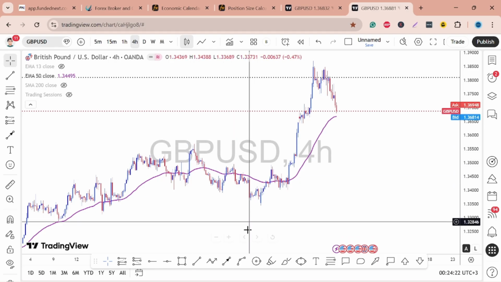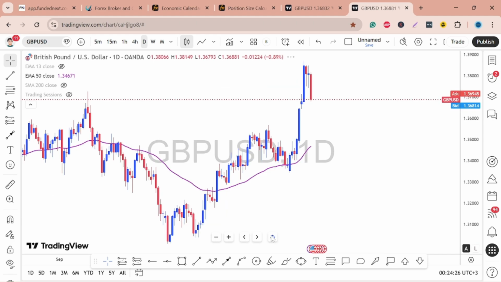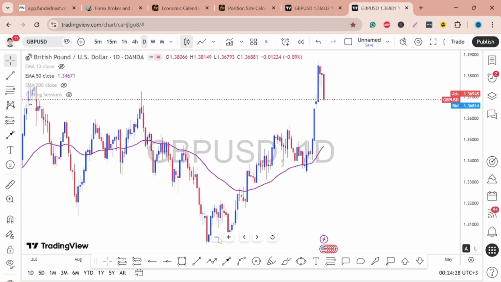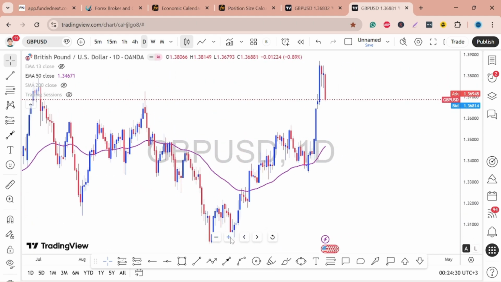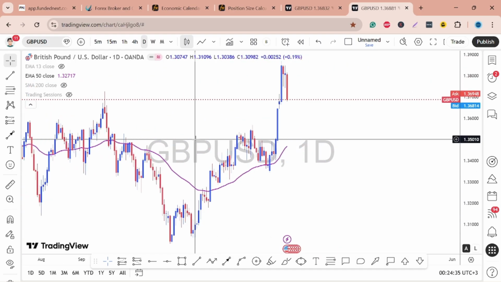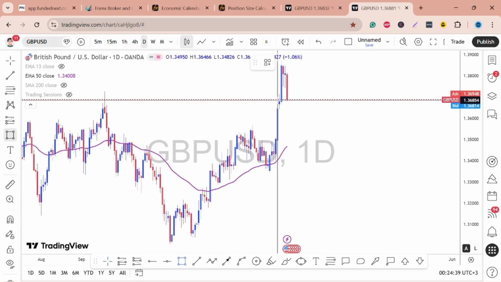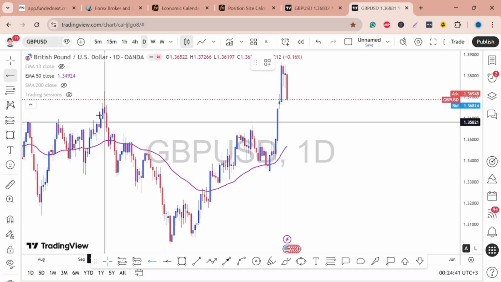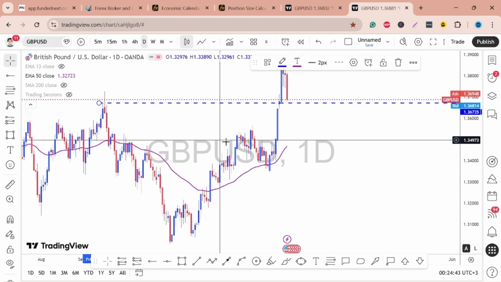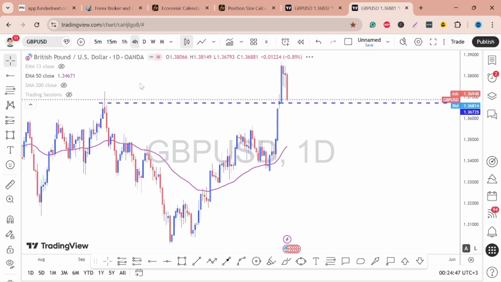From the daily perspective, you can see price closed very bearish last month, the last trading day of January. So price is currently reacting on, or might be approaching, a key level of support at the moment.